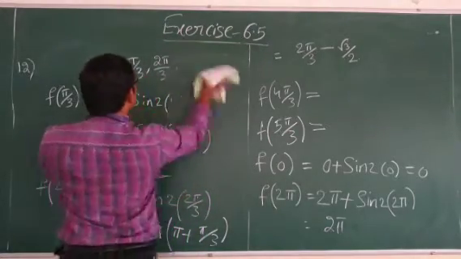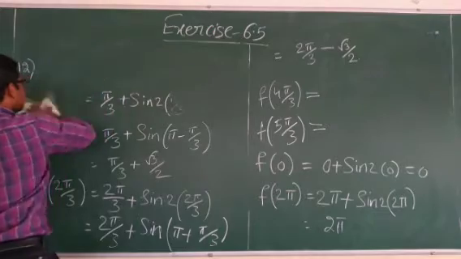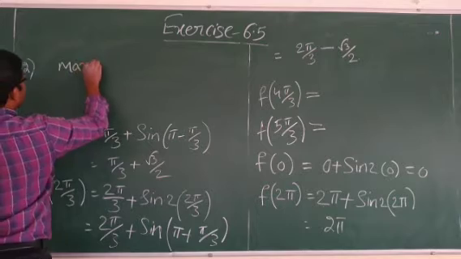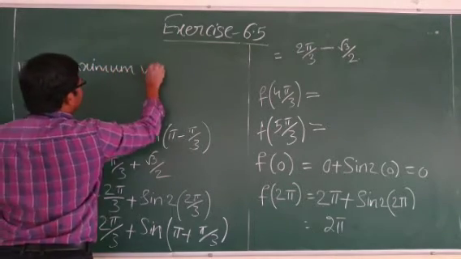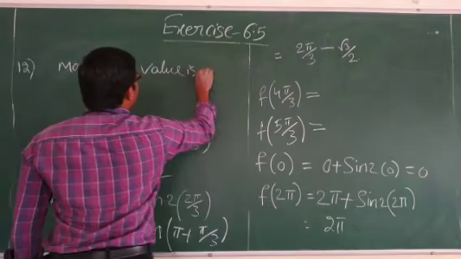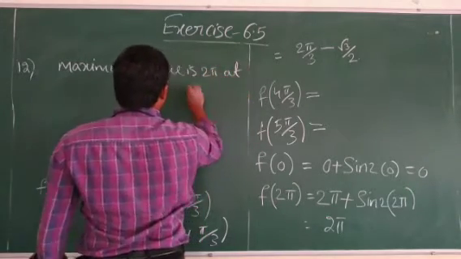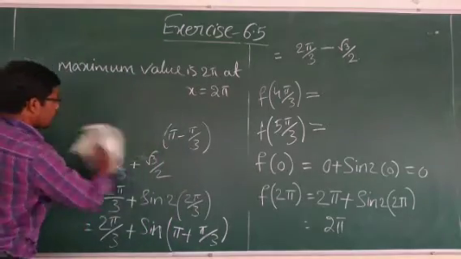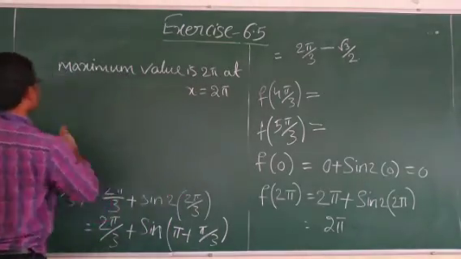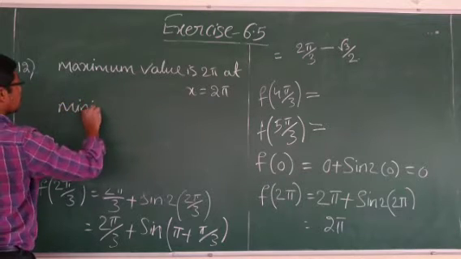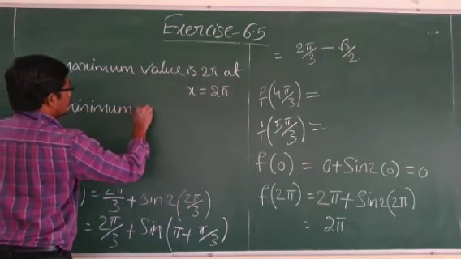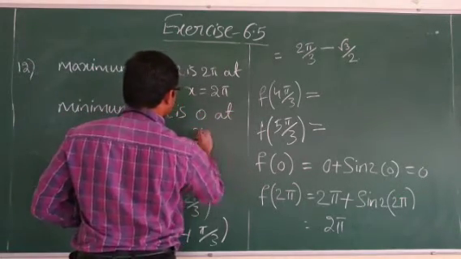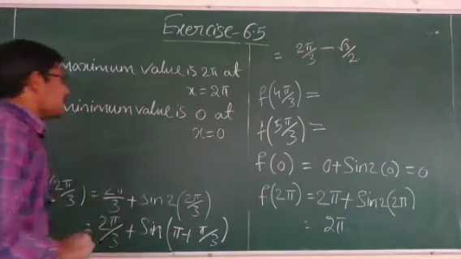The maximum value is 2 pi at x equal to 2 pi, and the minimum value is 0 at x equal to 0.